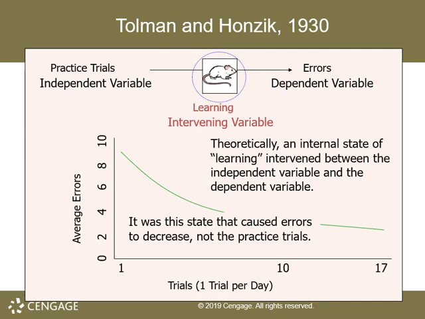Okay? From a strictly behaviorist point of view, all we know is that we had more practice trials, and then we had fewer errors. What we're saying here, however, is that there is this intervening state, this intervening variable of learning. It was this state that caused the errors to decrease, not the practice trials.